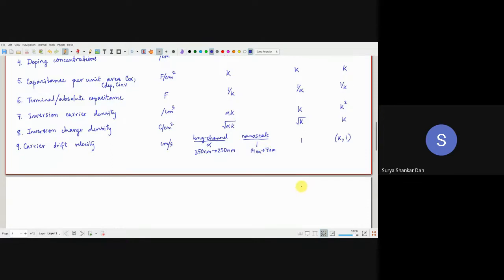Do you see the difference? Okay. So 350 nanometer से मान लो 180 nanometer तक जा रहे हैं. So 350 to 180 is like half. Here also you are doing a factor of half. So that means here also K is equal to 2. Okay, here also K is equal to 2.